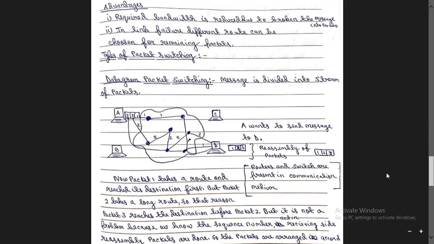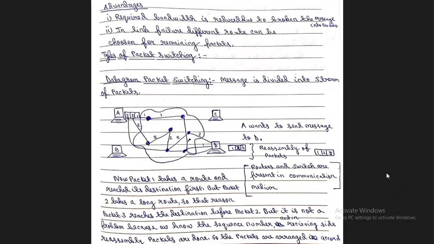This is the message that system A wants to send to system D. Here I have divided this message into 3 parts, so our message becomes 3 packets.